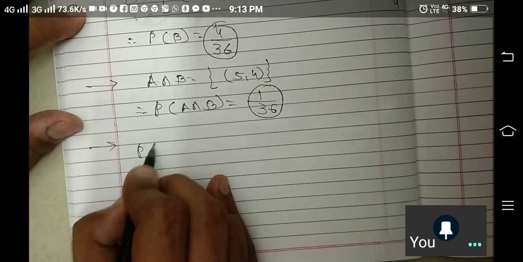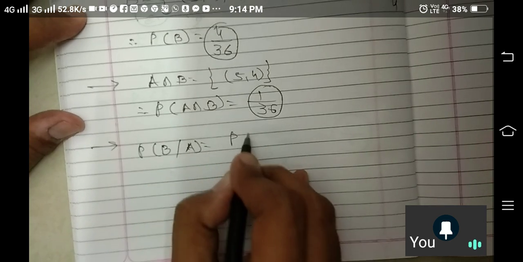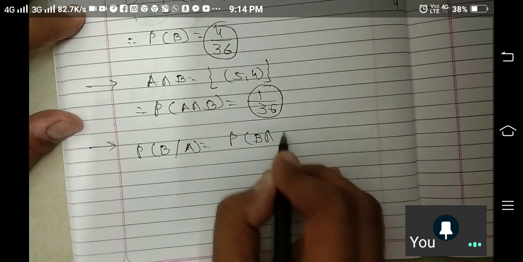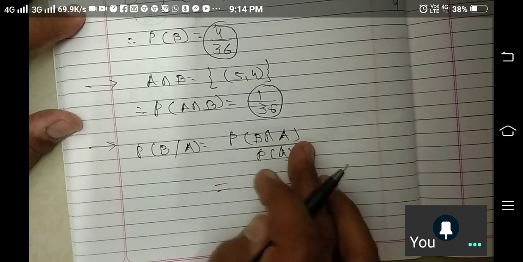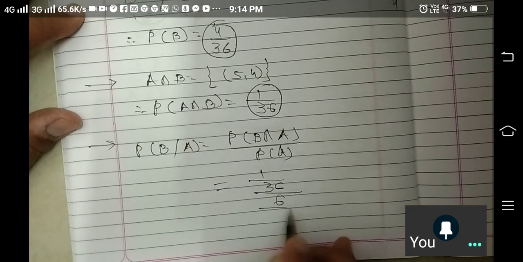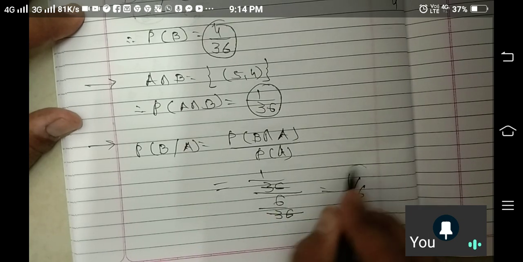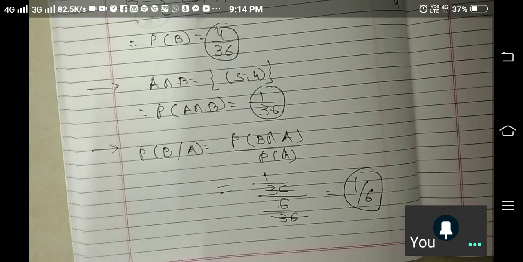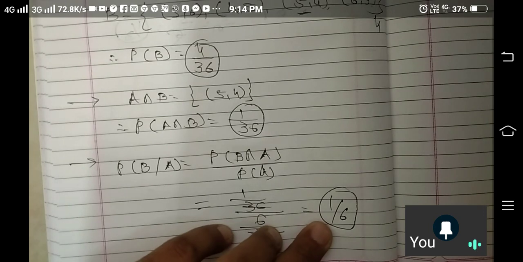Now P of B given A equals P of B intersection A upon P of A. P of B intersection A equals 1 by 36 and P of A equals 6 by 36. 36 cancels, it is 1 by 6.